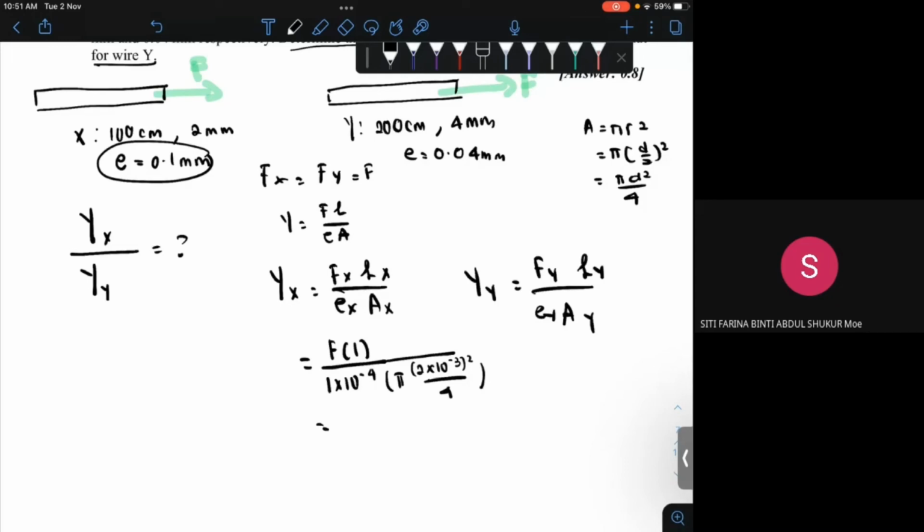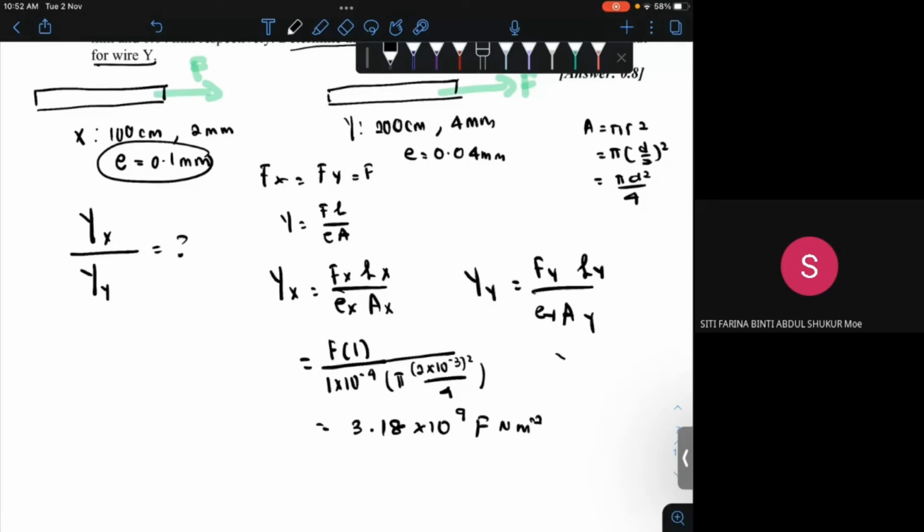Then you do your math, tekan calculator. Should get something like this. 3.18 darab 10 kuasa 9 F per meter square. Ini awak dapat untuk Y X.